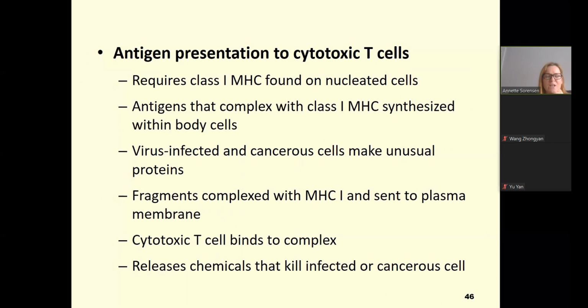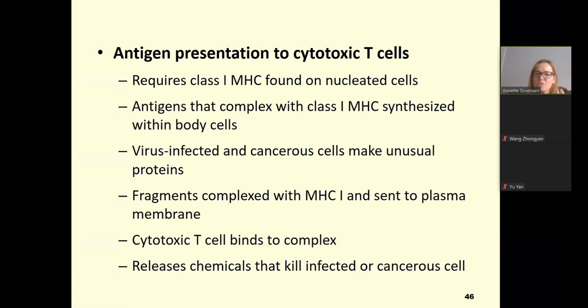So cytotoxic T cells, as I already mentioned earlier on, require presentation of these class 1 MHCs. Remember, these are MHC protein complexes, which are expressed by all nucleated cells.